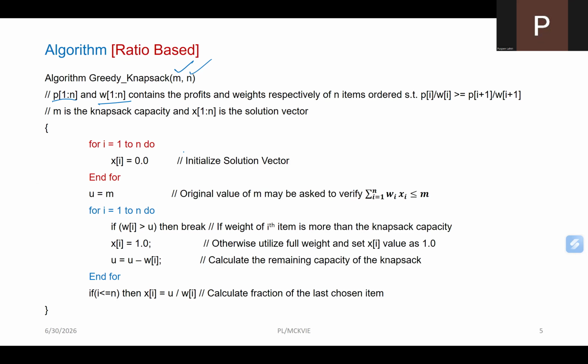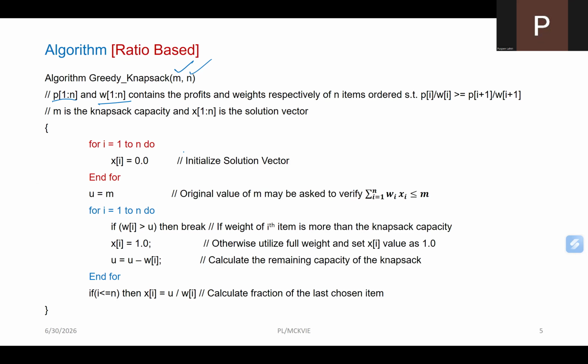That means you have to arrange the data in such a way that the first item to the computer will be treated as the first item when its profit-weight ratio is the highest one. So you have to arrange the items in such a way that the first item has the maximum profit-weight ratio.